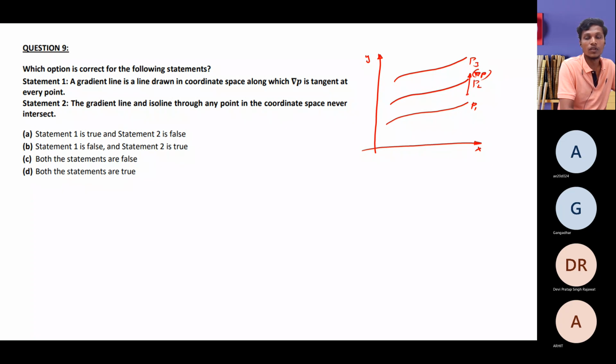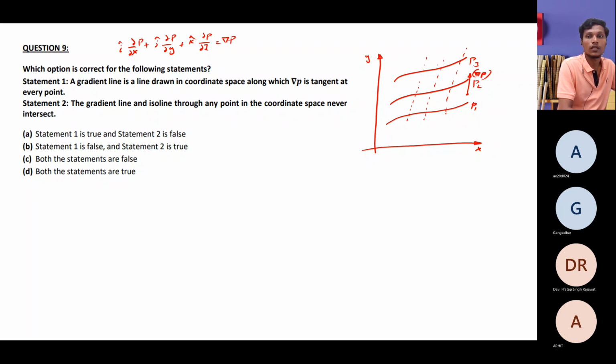Suppose this is your scalar field and this is the maximum rate, and if you try to find these gradient lines, and suppose P3, these lines will pass like this. These are all the gradient lines. I will write your gradient: ∂/∂x i cap plus ∂/∂y j cap plus ∂/∂z k cap. This is your gradient. This will give you the vector.